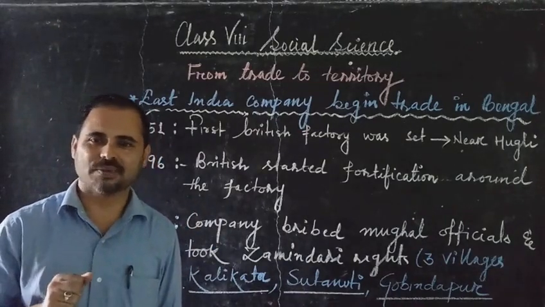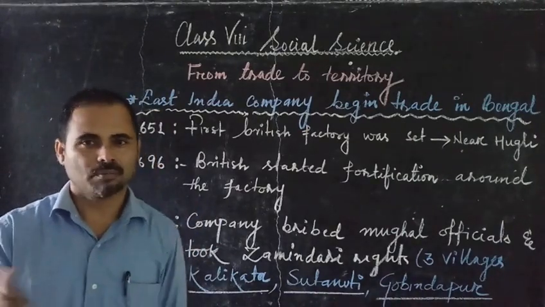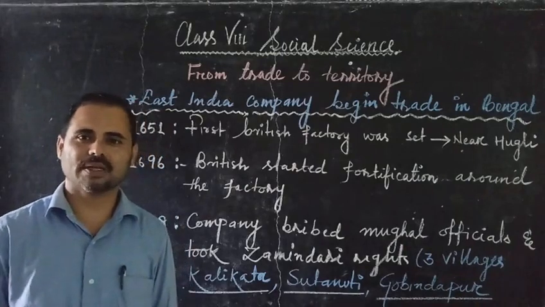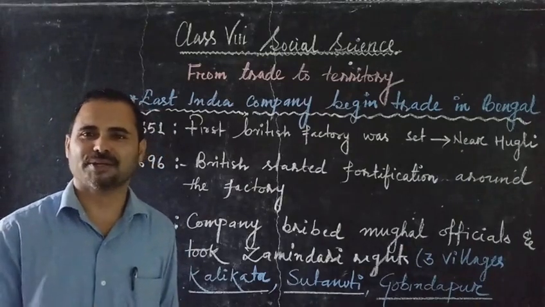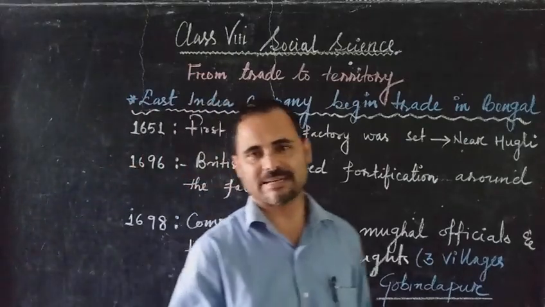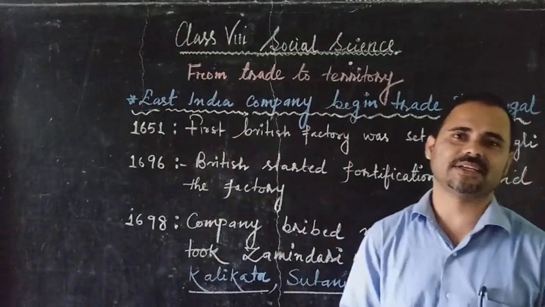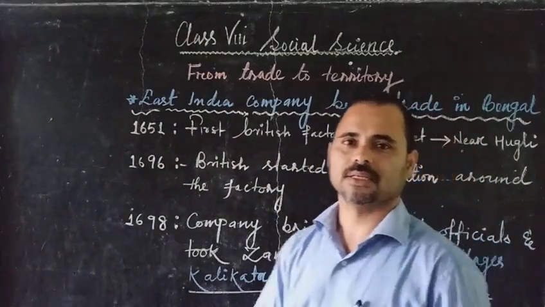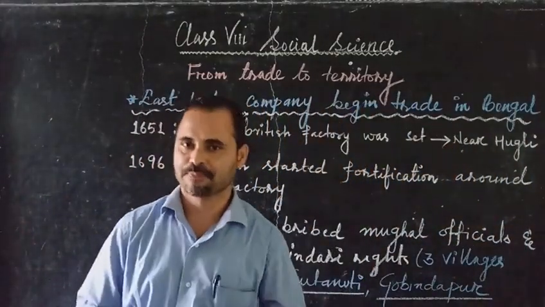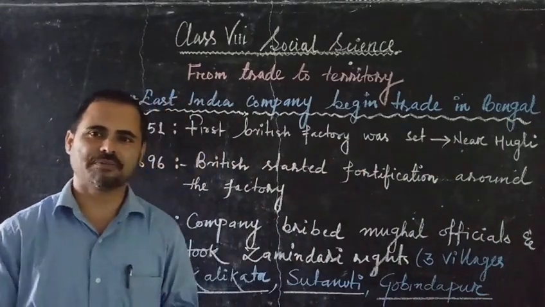Now another point is what? After the death of Aurangzeb, as we have discussed, Bahadur Shah Zafar became the ruler, but he was just a mere ruler. He did not emerge as a powerful ruler who could keep all the princely states integrated or united under his system of administration.